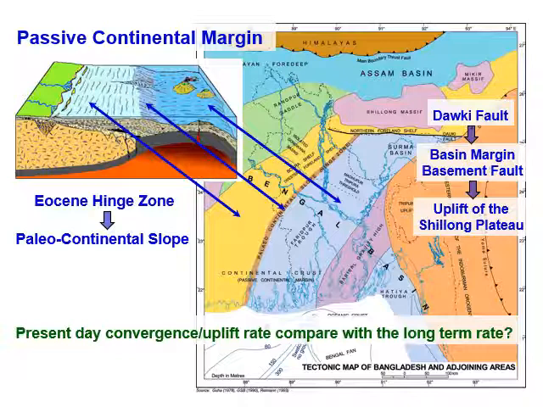Now if we were to go back and look at the rate of uplift across the Dauki fault and compare it with the present day measurements from GPS geodesy, then we should be able to tell what the rate of uplift across the Dauki fault has been on the long term and how it compares with the GPS geodetic measurements, and that's something which we'll do next.